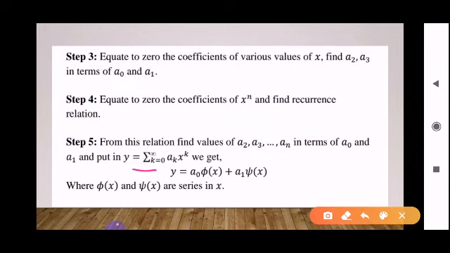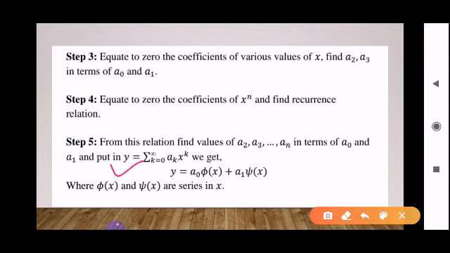Means if we expand this series for k equal to 0 to infinity, then we will get a0 first, after that a1x plus a2x square plus a3x cube plus so on. So put a3, a4, a5 in terms of a0 and a1 here. After putting them here, what we get is that y will be in terms of only a0 and a1.